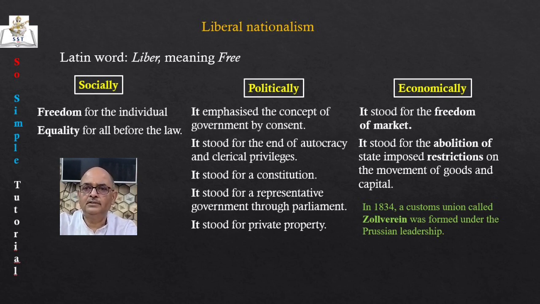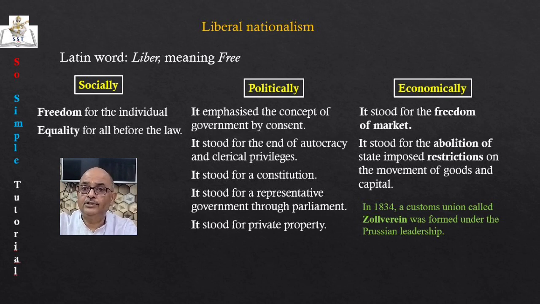Actually, this reflects the aspirations of merchants and the manufacturing middle class, which supports free economy, free trade, and opposed state interference in the economy. According to them, the government should refrain from any interference with the economy and rather focus on securing individual rights to liberty and property.